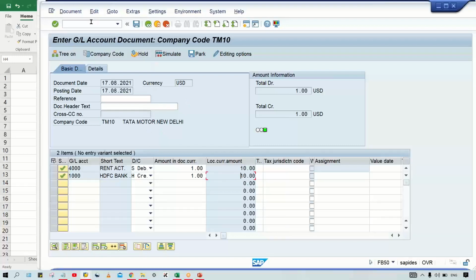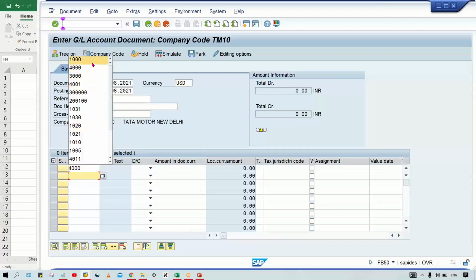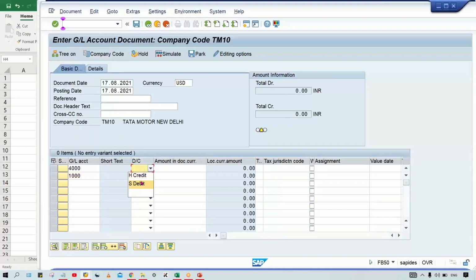We'll do one thing. Let me check it once again. Press enter, right? Okay, 5.